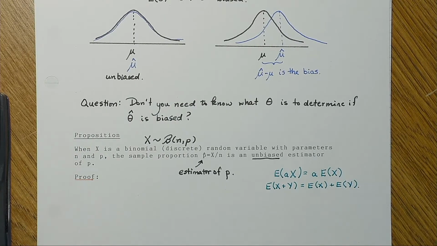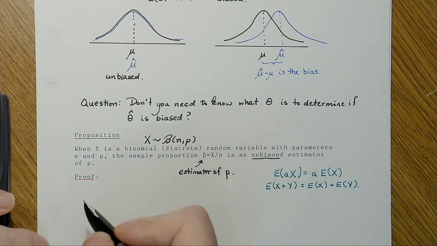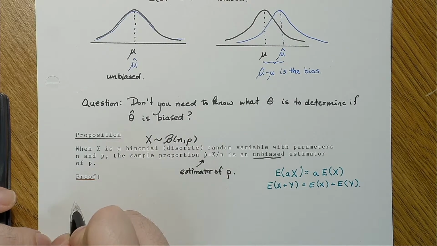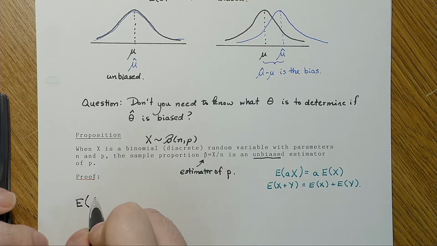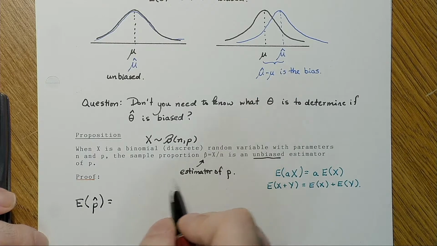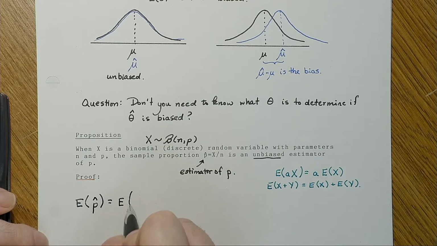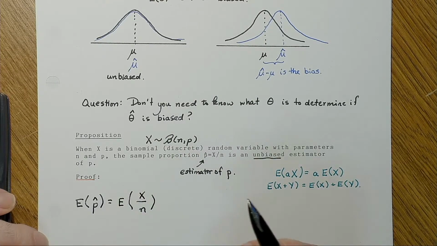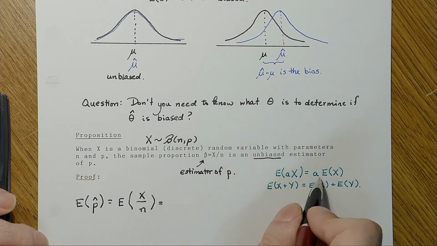Okay. So what we're going to do is we're going to look at the expected value of the estimator, p hat, and we're told what it is. So we'll replace that. We have x over n. Now n is a constant. That's something that doesn't change. So I can actually bring that out in front because, again, it's a constant.